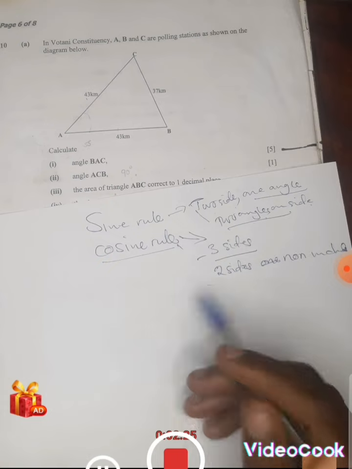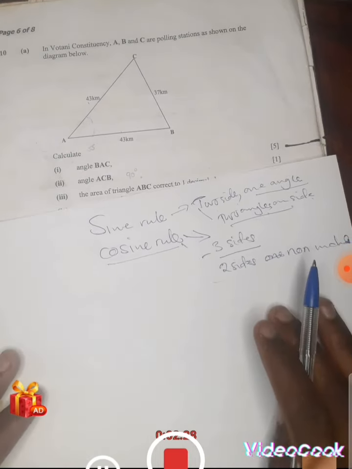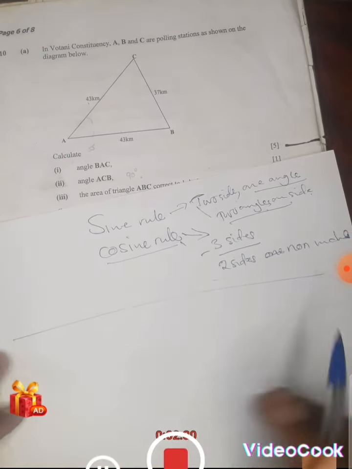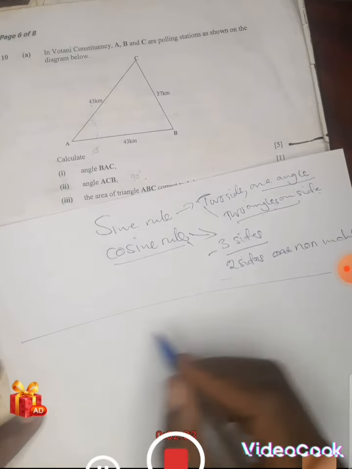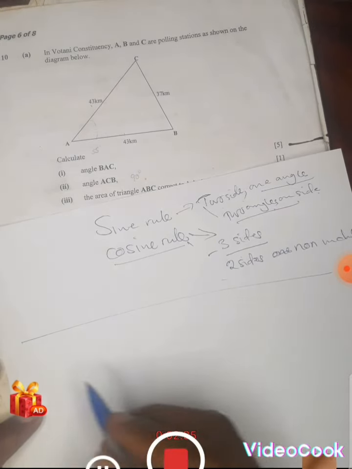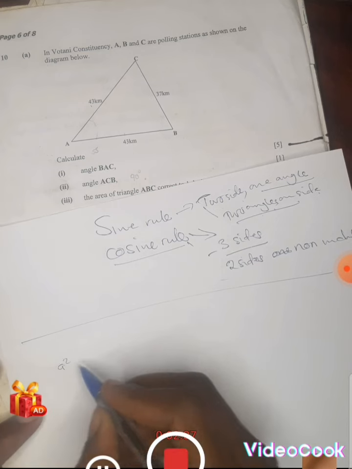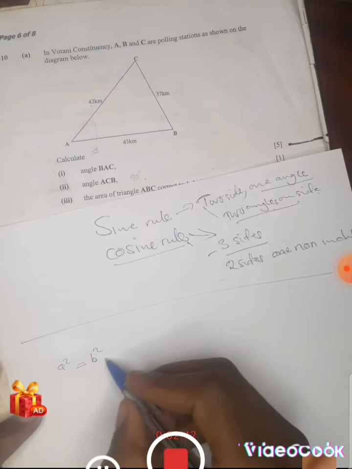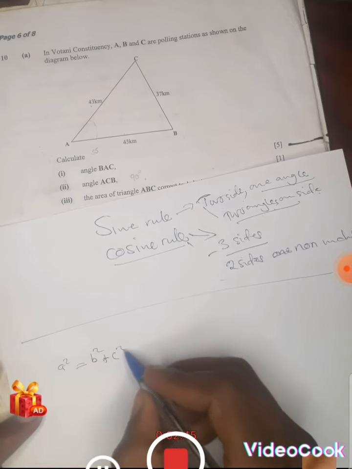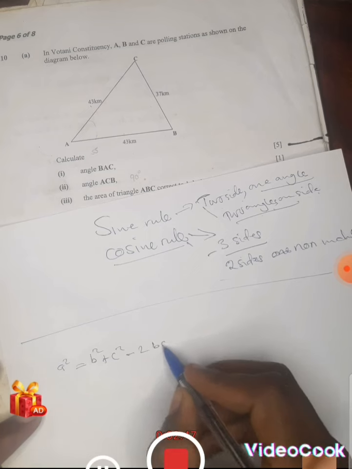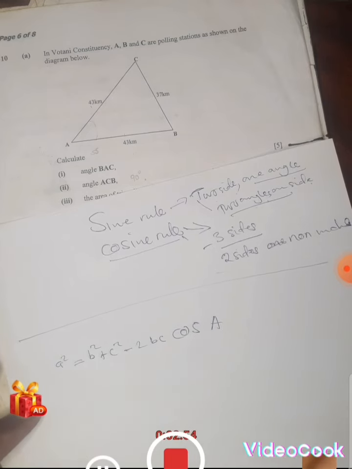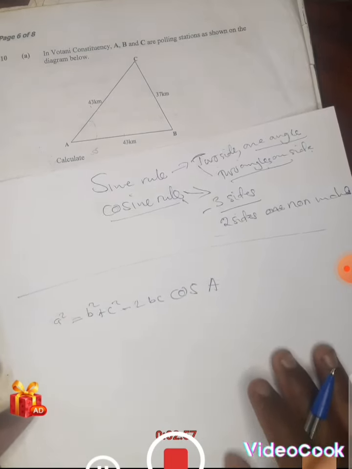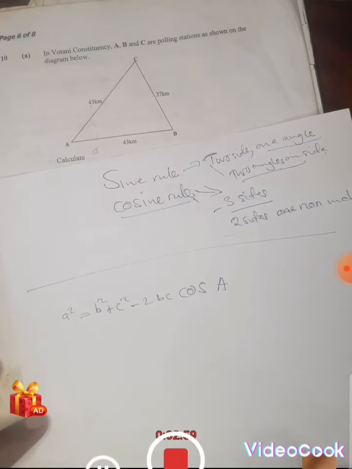Okay, so the formula for cosine rule, the general formula if you're using the letters A, B, and C, is: a squared is equal to b squared plus c squared minus 2bc cos A. Okay, I hope you can see what I'm writing.